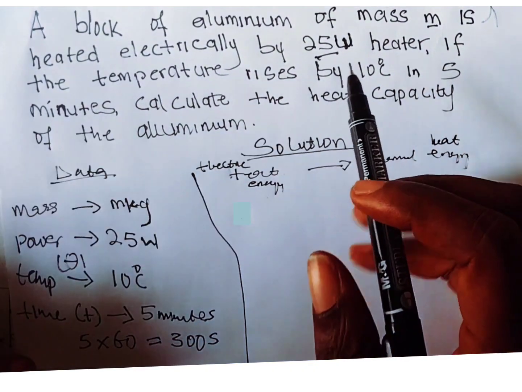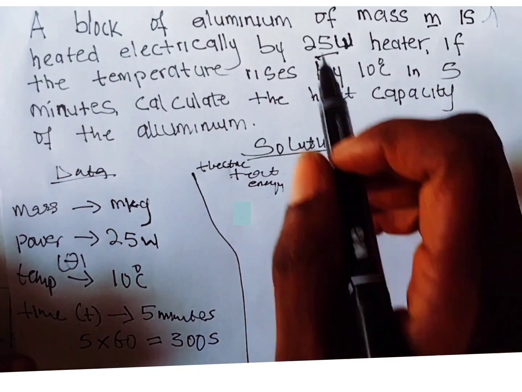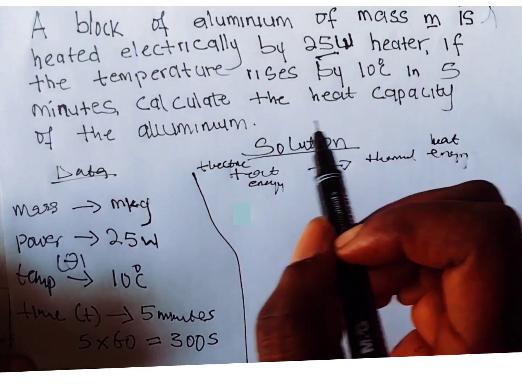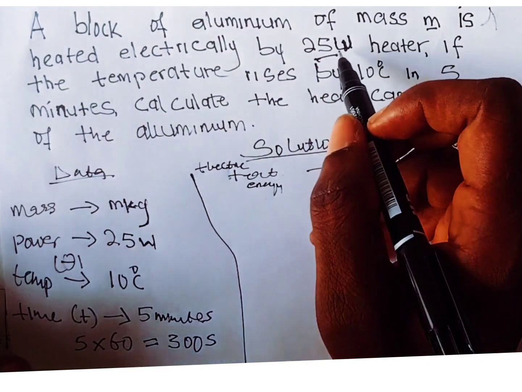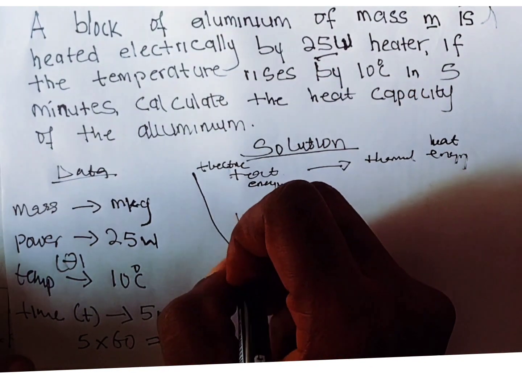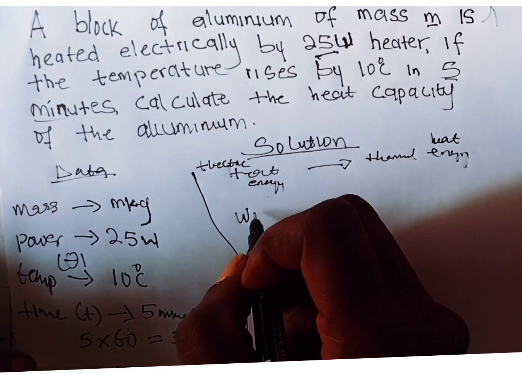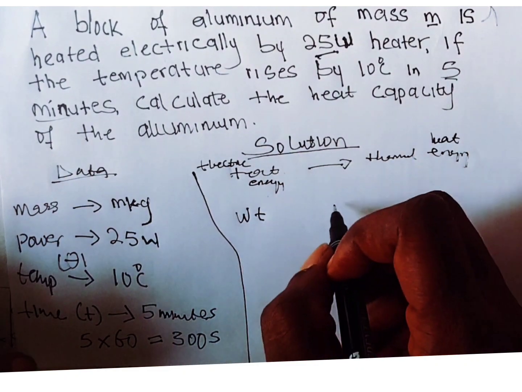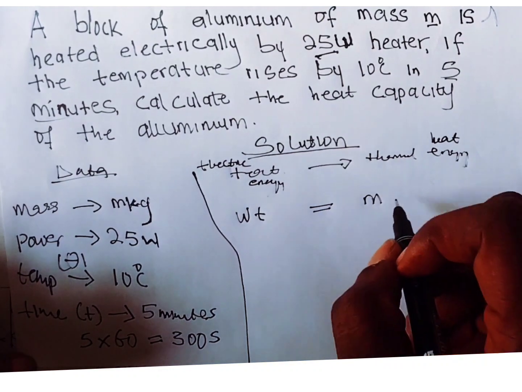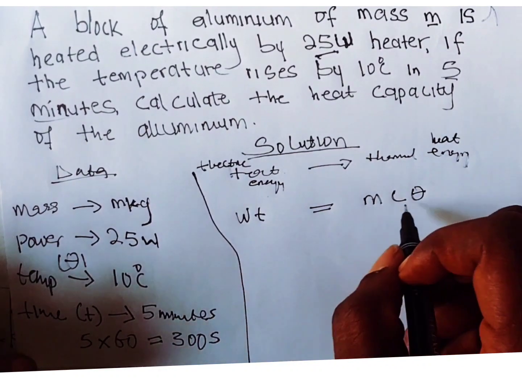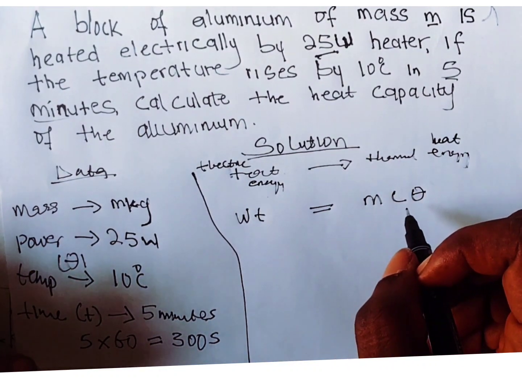The electric energy they give us here is power and the time of 5 minutes. So we say power times time, WT, which stands for electric energy, is equal to MC theta. This one is for thermal heat energy.